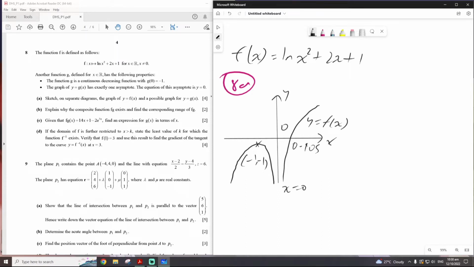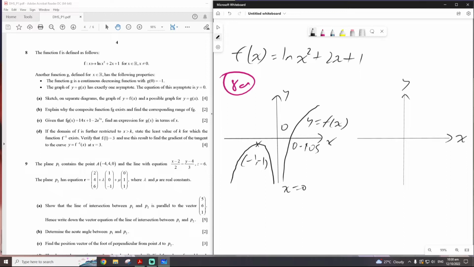What is the graph of y equals g of x? Well, it has exactly one asymptote, which is y equals 0, and it is continuous decreasing. g of 0 is -1. What could that look like? Continuous decreasing and asymptote y equals 0.